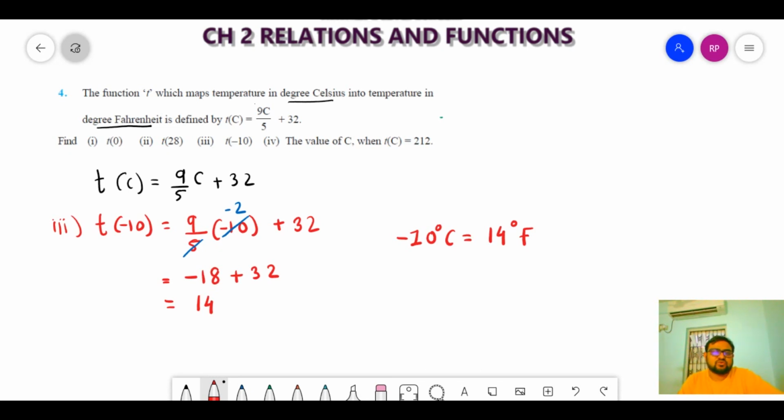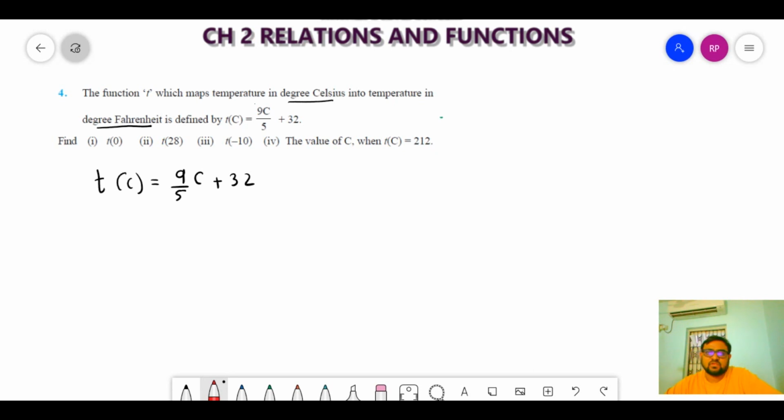Now let's move to the next question of question number 4, that is the fourth one. Question 4 is the value of C. You have to find the value of C when T(C) is 212. That means at what degrees Celsius the temperature is equal to 212 Fahrenheit.